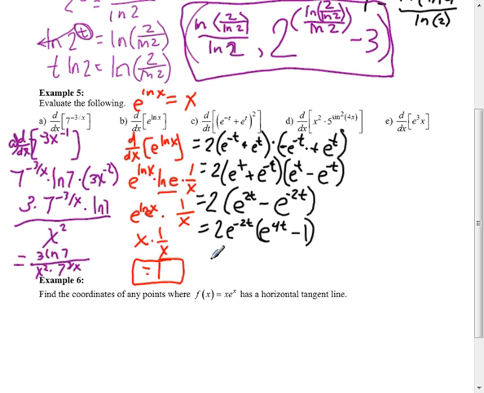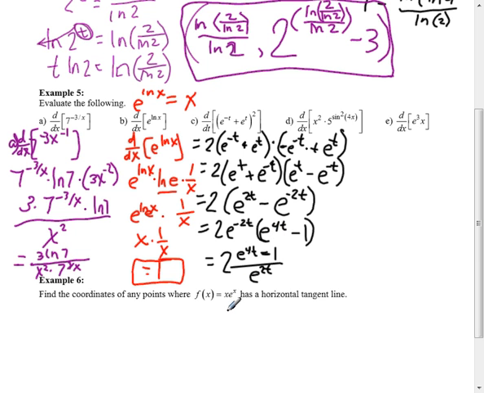And then if we really wanted, we could rewrite this as 2 times e to the 4t minus 1 all over e to the 2t. It might be better to write it in this form, because if we want to find zeros or undefined values, it's easier to look at a fraction rather than all of this jumbled up. And of course, if I put a multiple choice question, it would be good to be able to rearrange it to see if it matches anything.